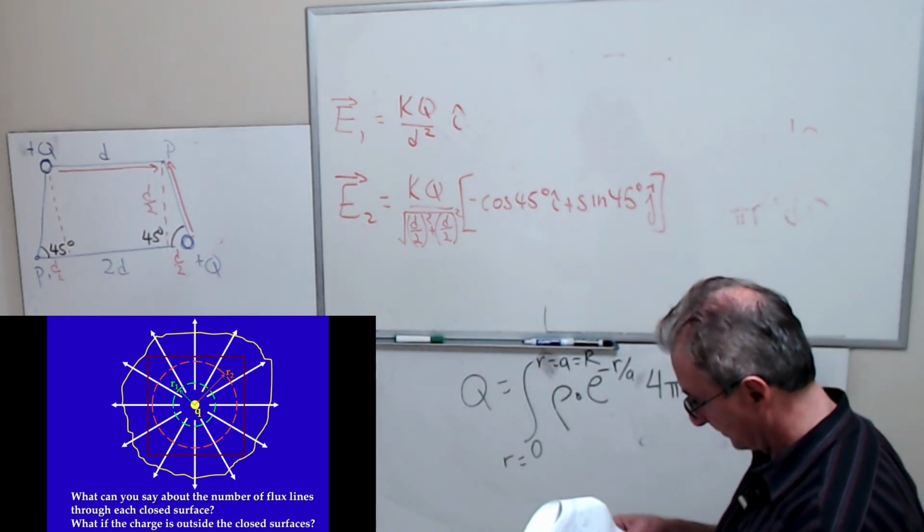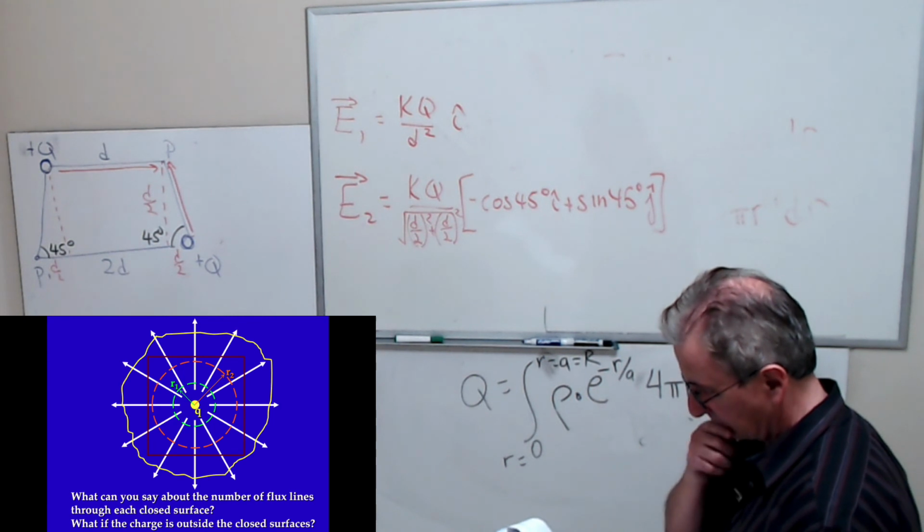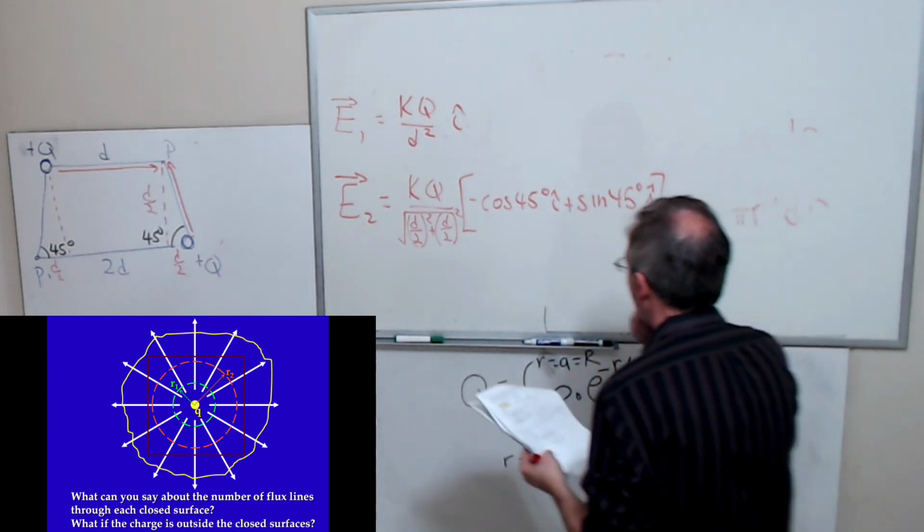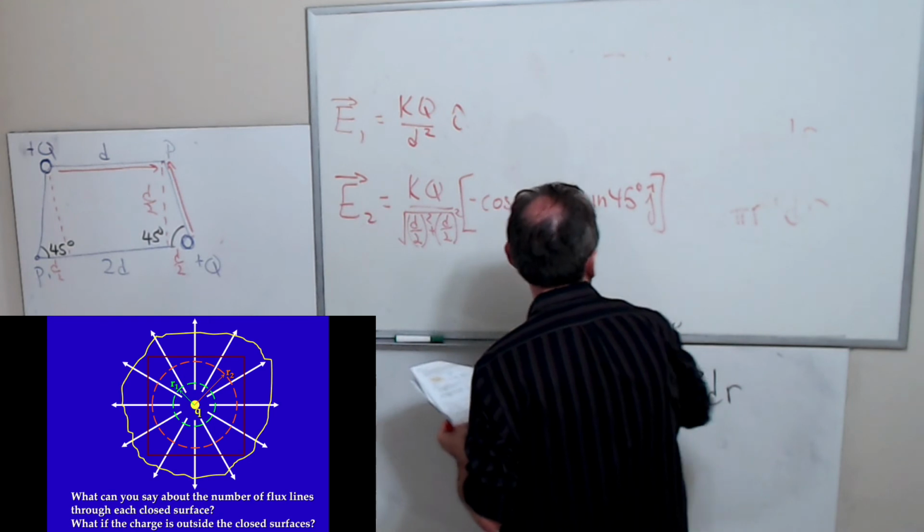Does that look okay? Now, what does this come out to be? What does this denominator come out to be?